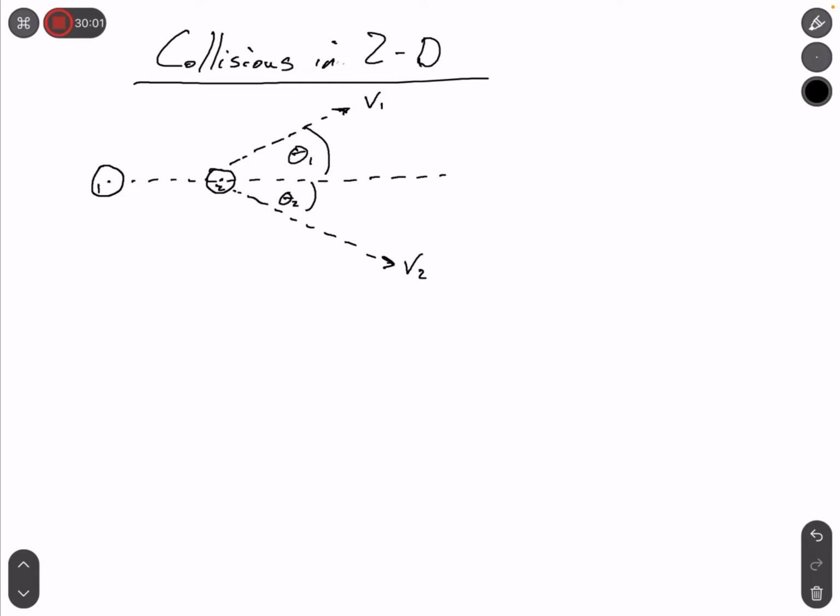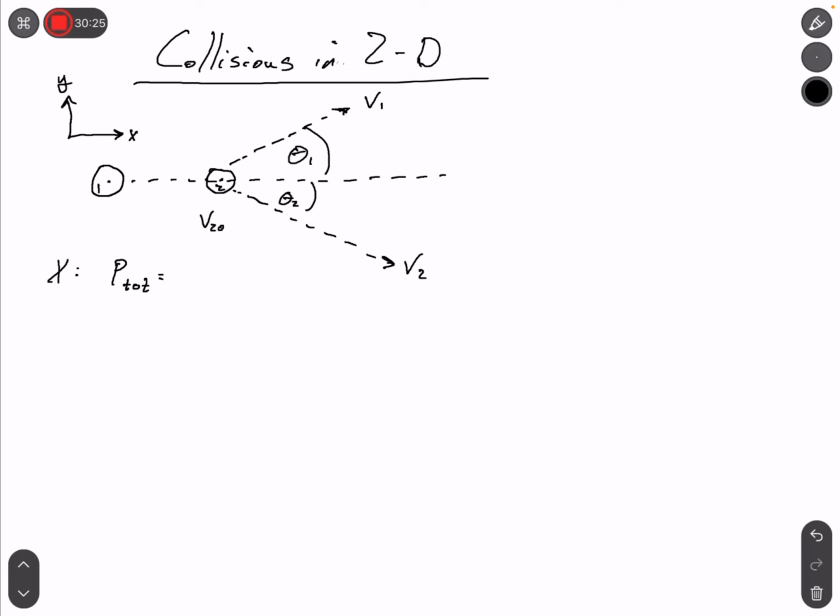So if we define our coordinate system like this, so there's our x and there's our y, we can say in the x direction, P total equals the only ball that's moving.